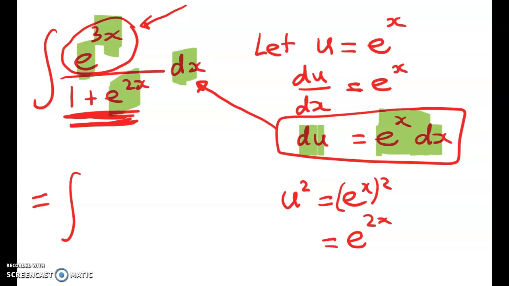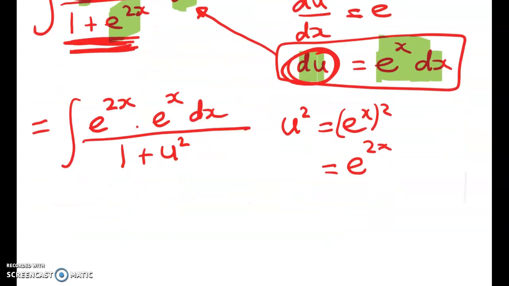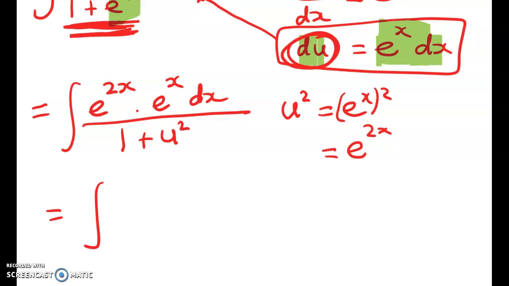So here I've got e to the 2x times e to the x dx, because I'm trying to work in the du, over 1 plus u squared in here. So I'm slowly transforming it. Right, now that gives me u squared over 1 plus u squared du.